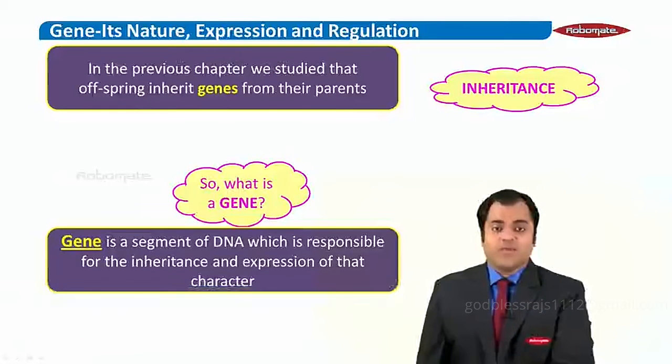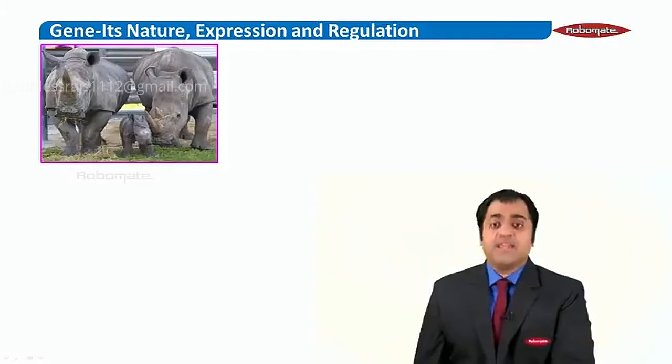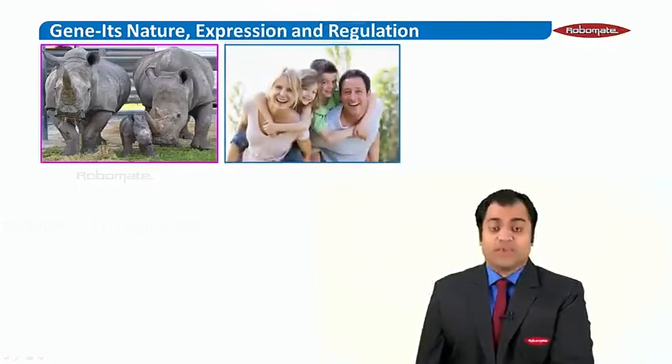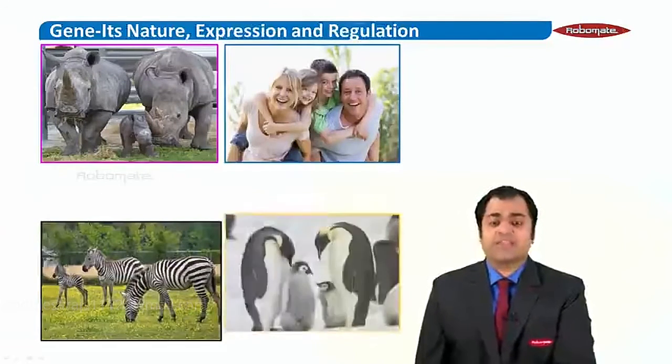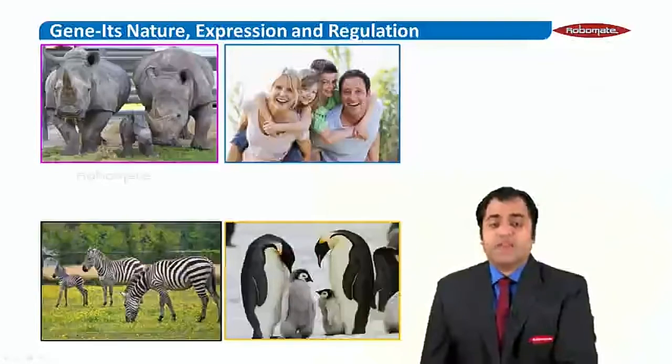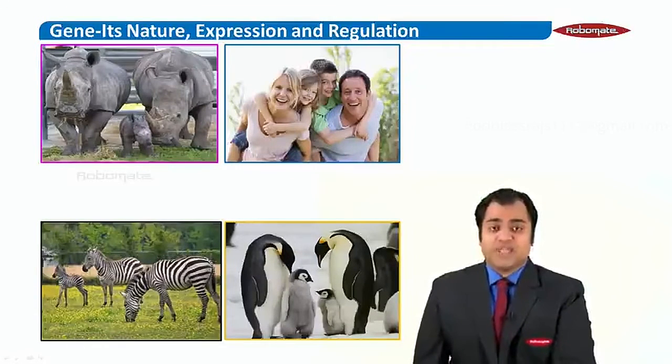Now what you see here in the slide is a family of rhinoceros. Next to it is a family of human beings. Right below is a family of zebra, and next to it is a family of penguins. In all these four pictures, you see living organisms of different types with two generations each, the parents and the offspring.